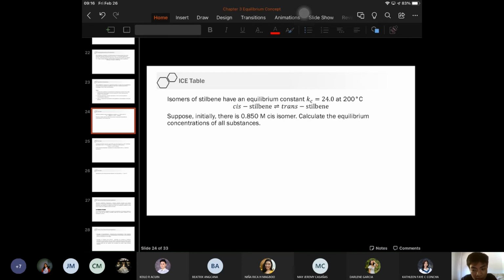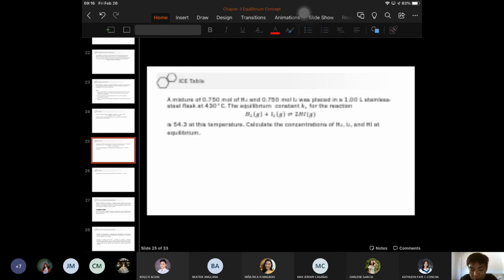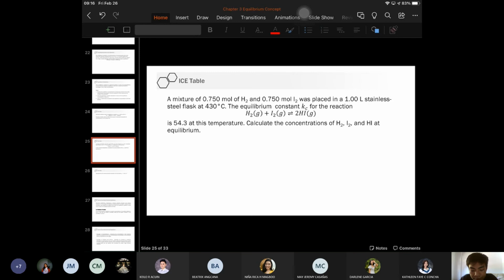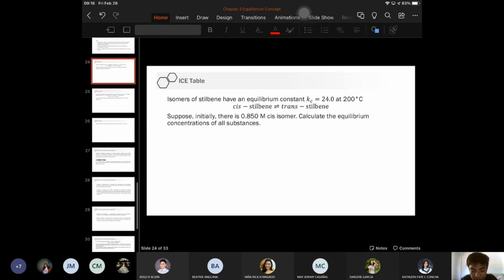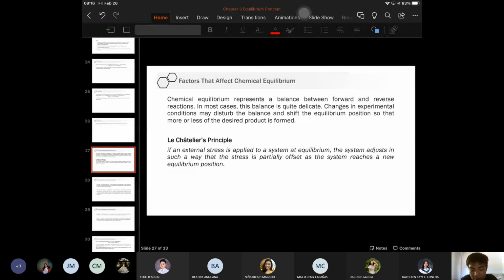We do not have any negative concentrations. So take note of that when solving for equilibrium problems. So after choosing the x value, you plug it again into your ice table to get the equilibrium concentrations.